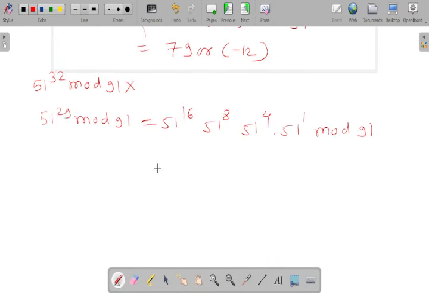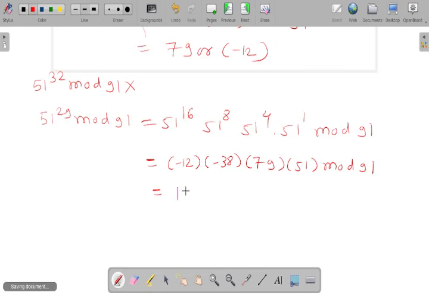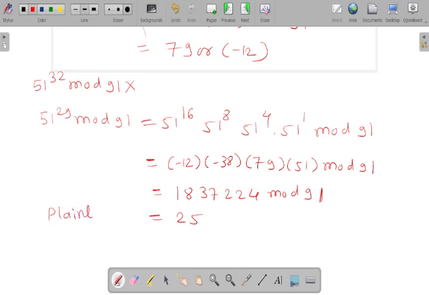After putting the values here, you will get minus 12 into minus 38, 79, 51 mod 91. And you will get the answer 1837224 mod 91. And your value will be 25. So this is the value of your plain text.